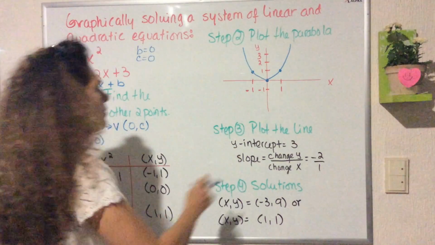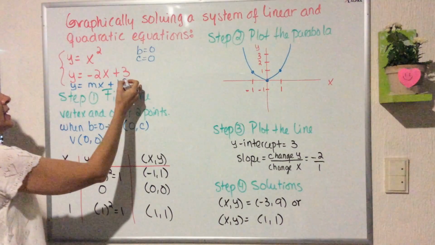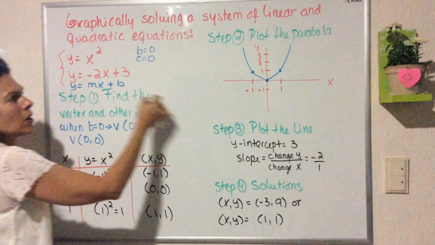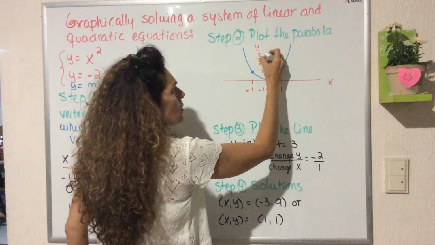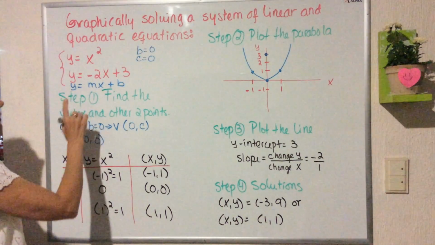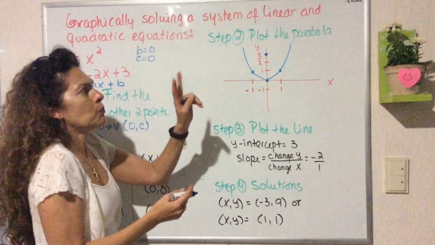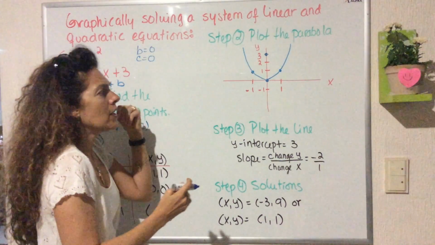We know now that the intercept is 3. Why? Because we have it here in the linear equation that they are giving us. So I'm going to plot here the y-intercept of the line. Okay? Now, we have to find another point. Once we have 2 points, we can trace the line, remember?